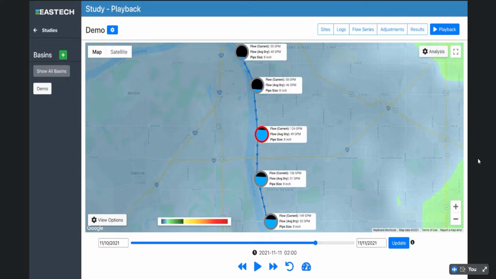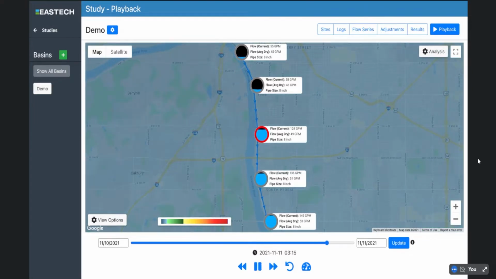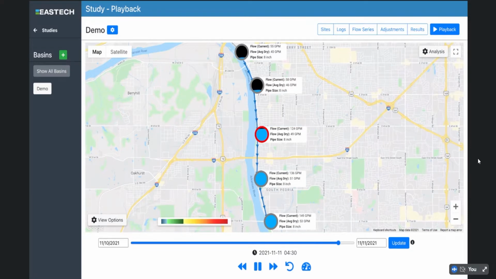This is really the power of Eastech Cloud and of iTracking, of the next generation of iTracking, where you're not just looking at the raw data that tells you a whole lot in that system already, but you're actually going to be able to visually key in and be told, without much labor and much analysis, what's wrong with that system and effectively where you need to start doing the most effective work first in your system, instead of trying to track it down, manhole to manhole, what may be going on in your system.